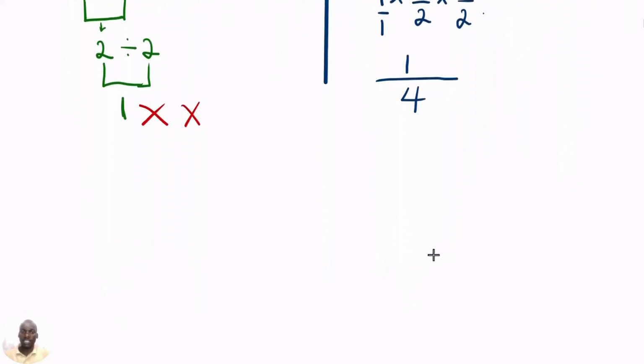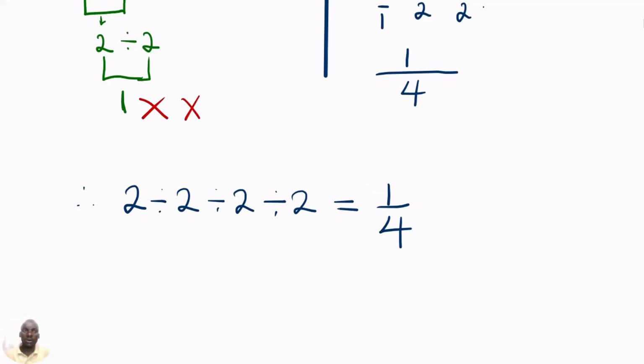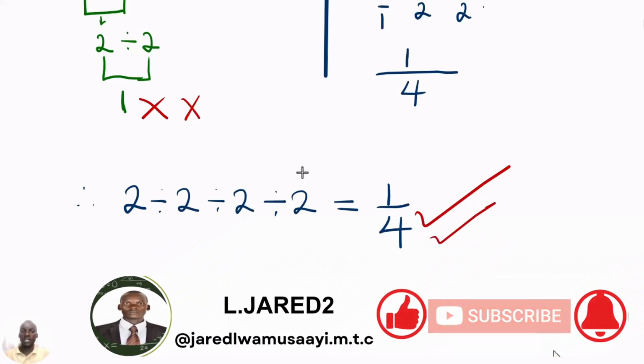It implies that the correct response to our math trick, which is 2 divided by 2, then divided by 2, and still divided by 2, equals a quarter, or 1 out of 4. So this becomes our correct response to this math trick.